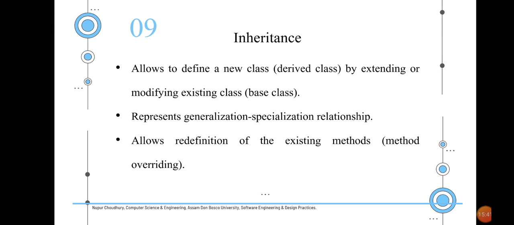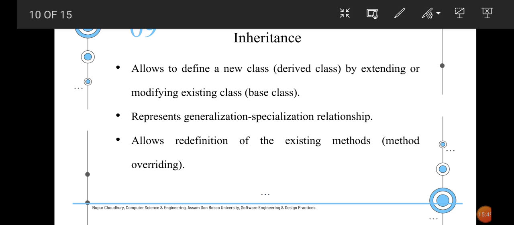The first type of interaction in today's session that we will discuss is inheritance. It allows us to define a new class, which is the derived class, by extending or modifying an existing class, which is the base class. We also call the base class the parent class, and the derived class the child class, and it represents the generalization specialization relationship.